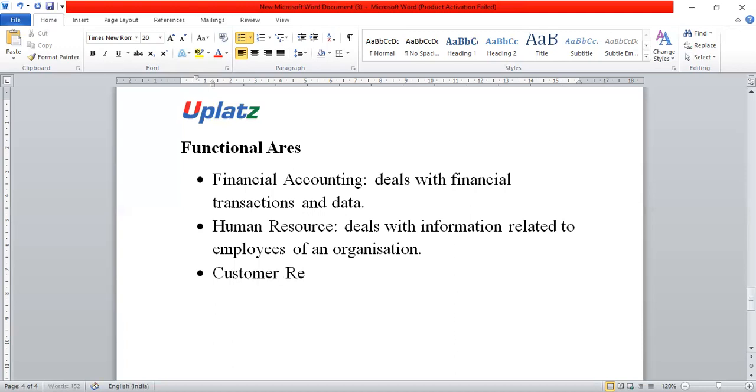This function deals with capturing and managing customers' relationship.